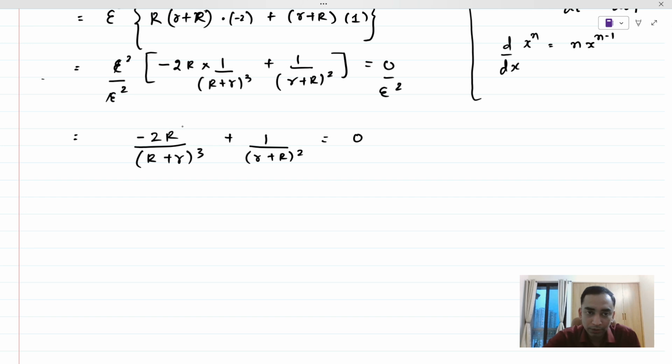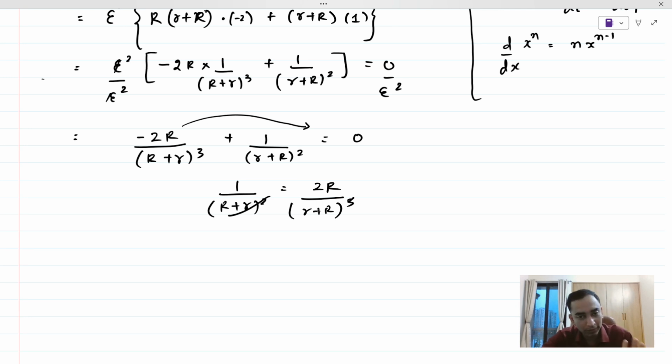I'm going to transfer this to the other side. So I'll get 1 upon R plus r the whole square equal to 2R upon R plus r the whole cube. So this whole part will get cancelled with the cube, and I'll be left with only R plus r.